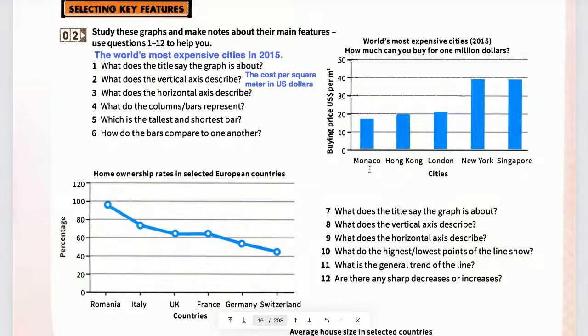And you can see all of the names of some cities there. So that's why they say cities, and then they write Monaco, Hong Kong, London, New York, Singapore. So we know all of them are cities, right?